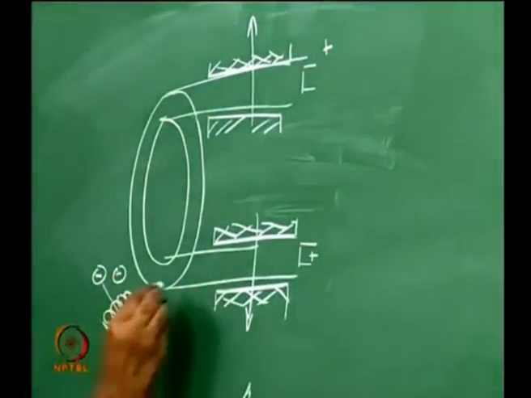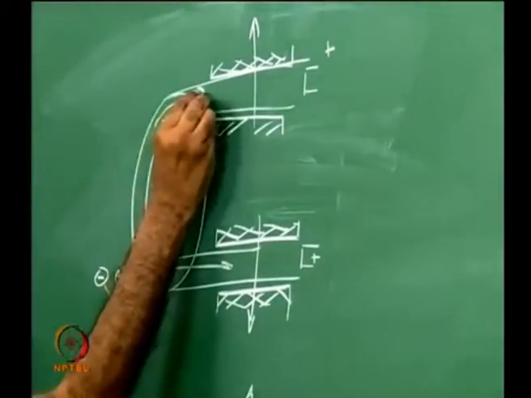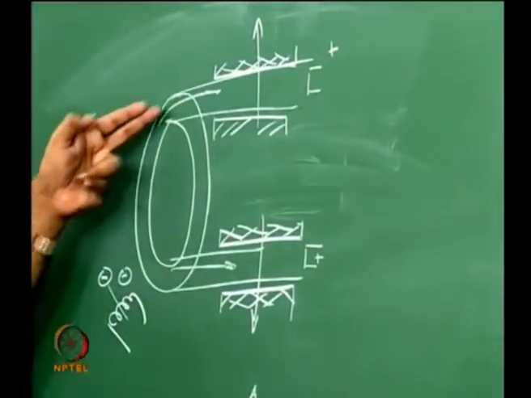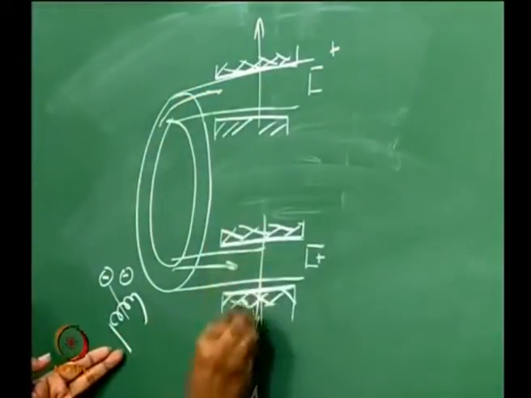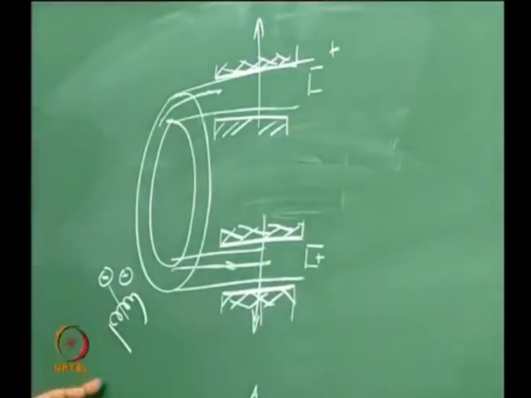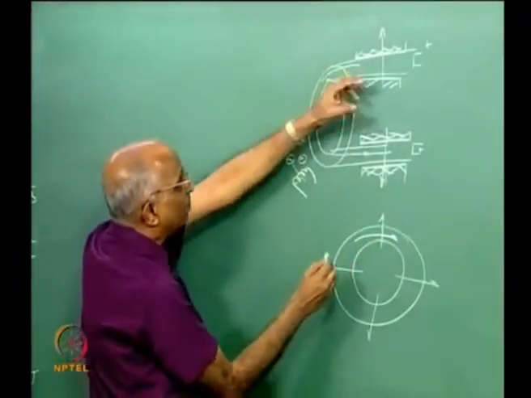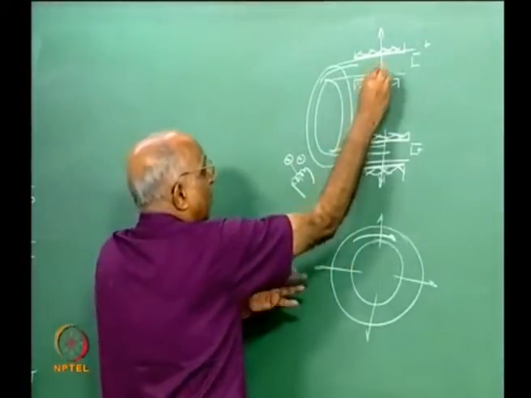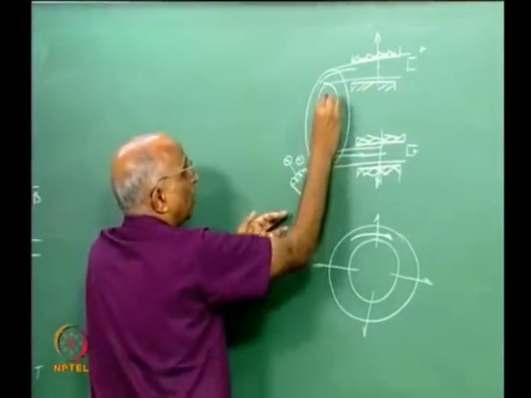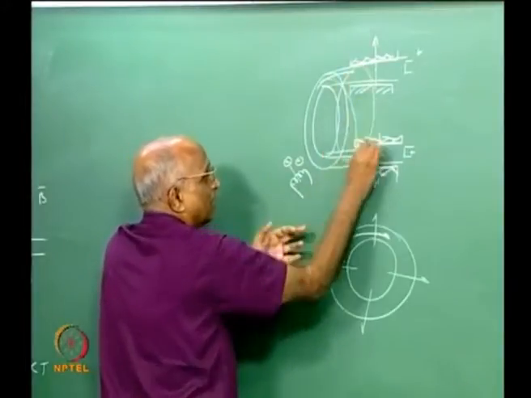The positive one is going to attract the electrons in this direction, through the annulus it will go, and therefore electrons are moving in this particular direction, and the magnetic field is in this direction. Therefore, now I get a tangential force, normal to it, and the electrons, instead of moving straight, will now move in a path which is spiraling.